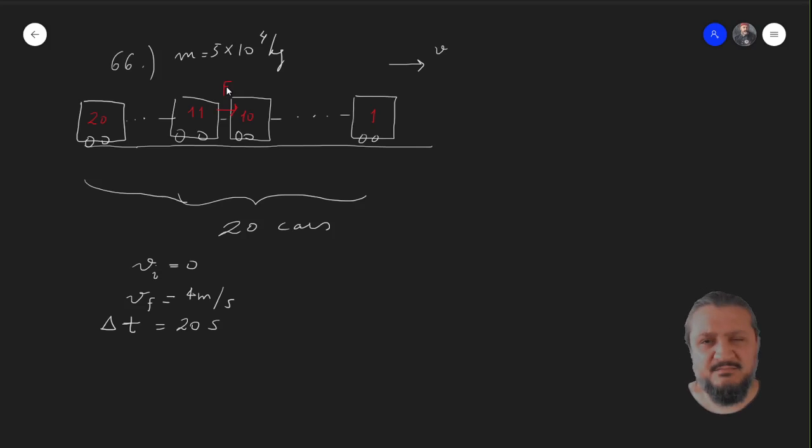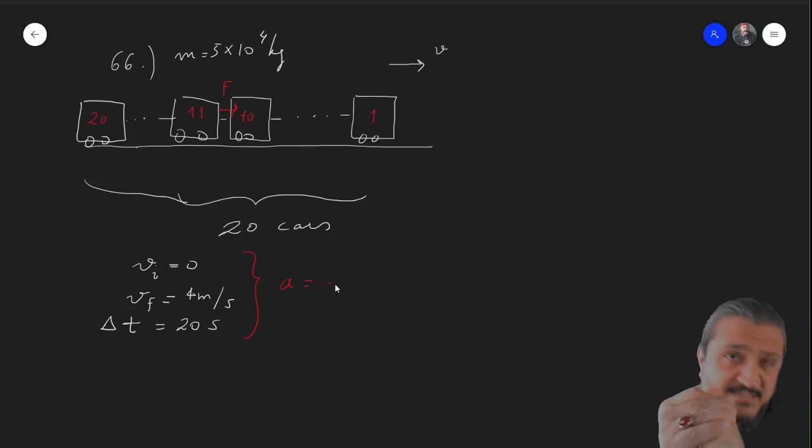Well, I don't want to mess with that because that's going to introduce another unknown to the equation. I don't want that. So what are the knowns? The mass of each car is known, and the kinematic information is given, from which I can calculate the acceleration. Okay, so I know the mass, I know the acceleration, therefore I can find, in principle, the force.